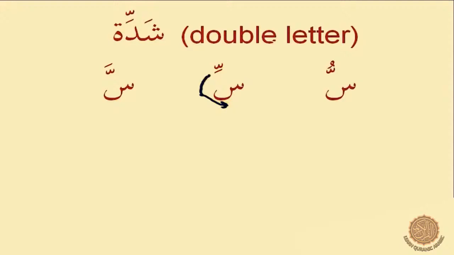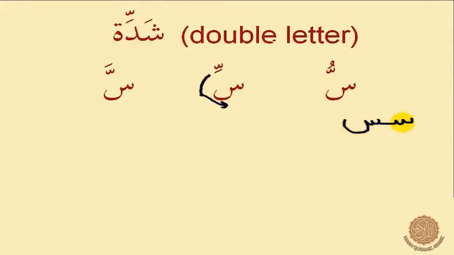Now let's dissect the shadda on top of these letters. So we said that the shadda represents a doubling of the letter. So here, there's two seens, because the shadda is there. So there's one seen, followed by another seen.